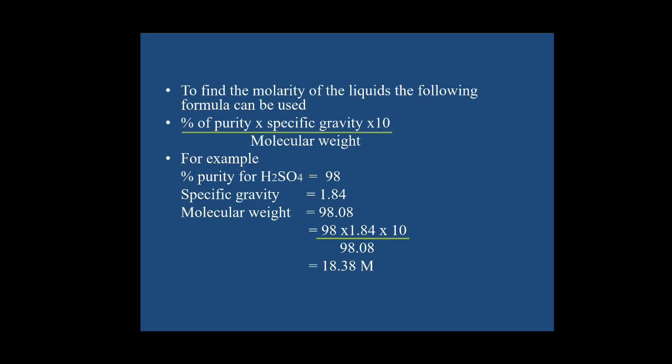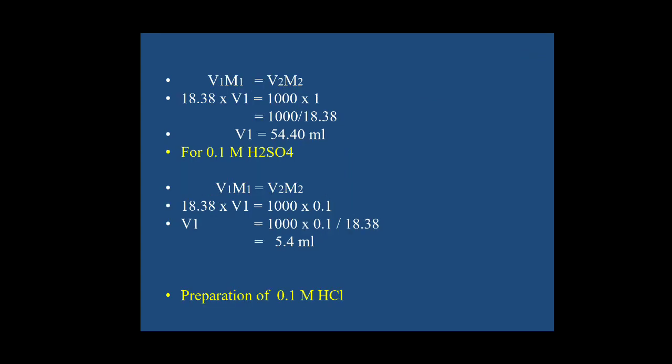So example, percentage purity of sulfuric acid H2SO4 is 98. This will be given on the bottle of the chemical. Specific gravity 1.84, molecular weight is 98.08. You substitute everything in the formula, you get 18.38 molar. So the bottle's concentration is 18.38 molar.